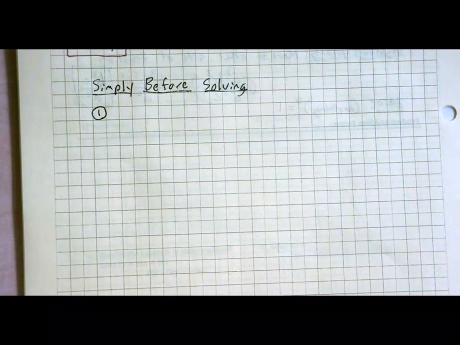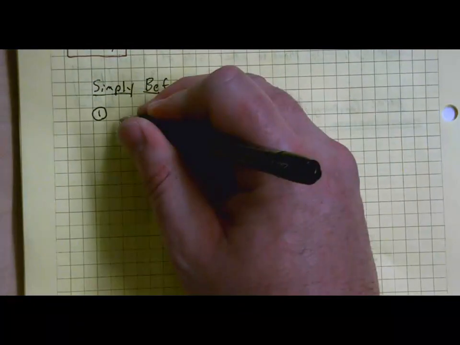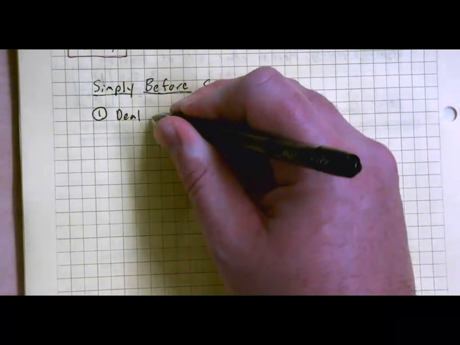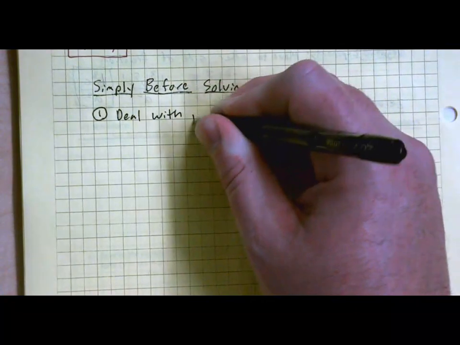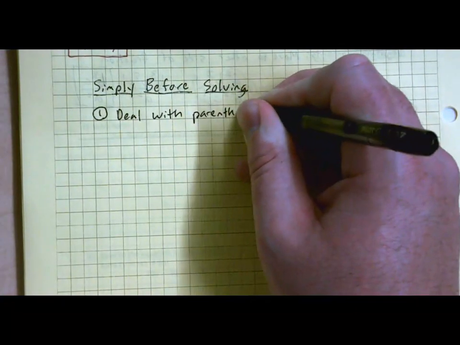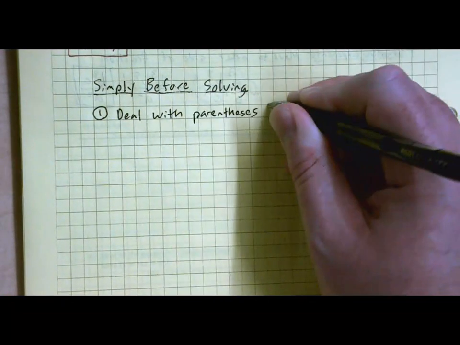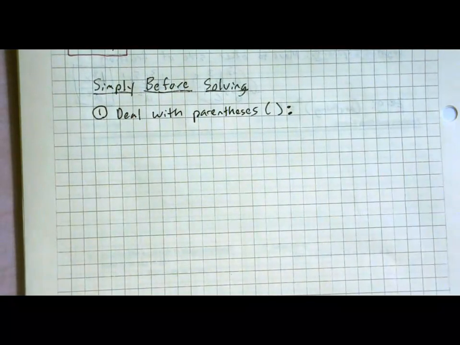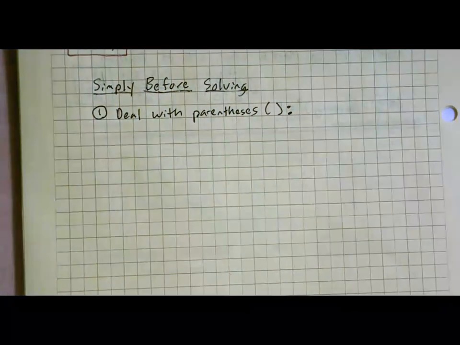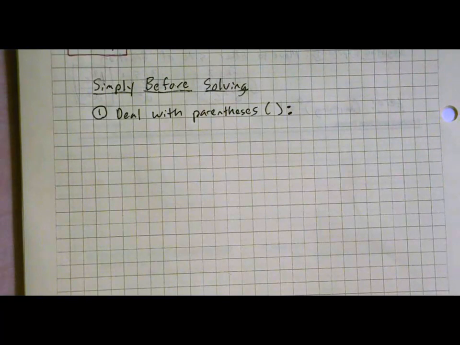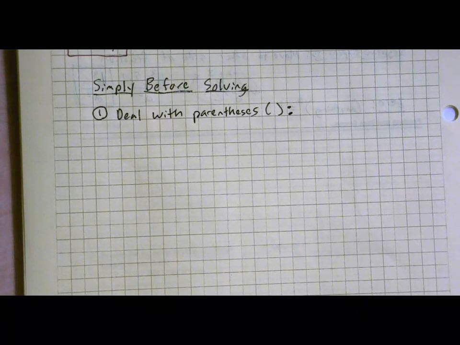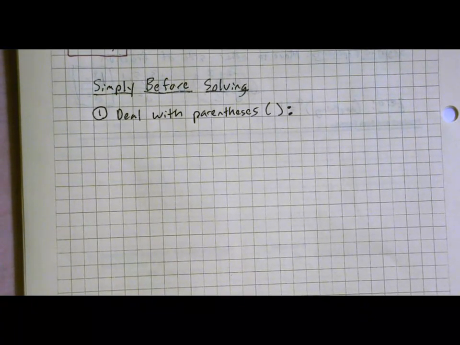Step 1 is to deal with parentheses. And how do we deal with parentheses? Well, we can do our box, or some of you draw some lines over top of them.